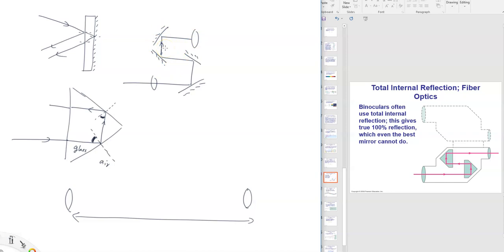But a mirror is going to take off some of the light, right? So it's going to decrease the strength of the light.